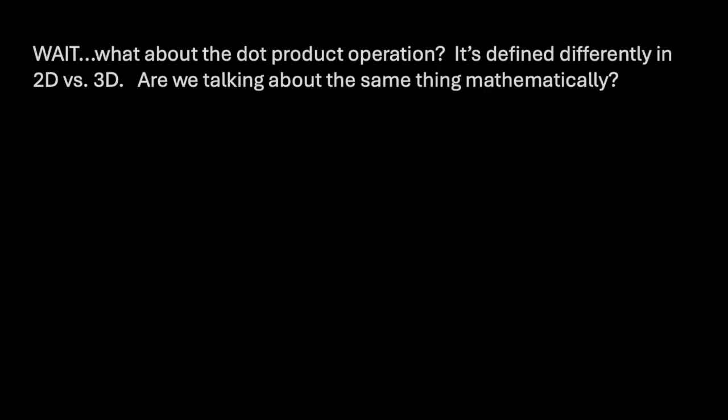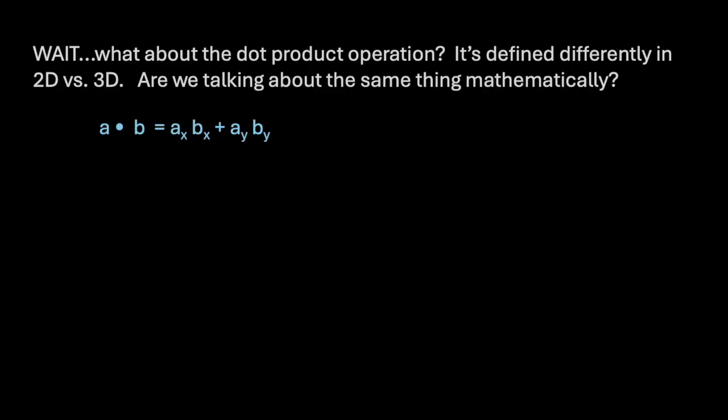And one question might come up in regards to the difference between 2D and 3D computation, and that's, wait, what about the dot product? It's defined differently in 2D versus 3D. Are we talking about the same thing mathematically?